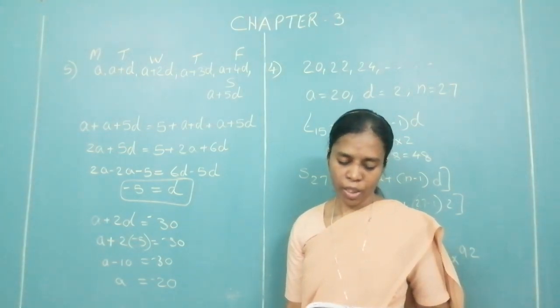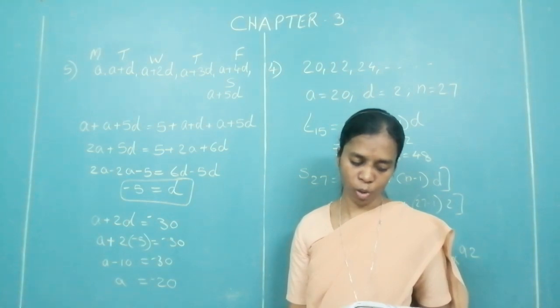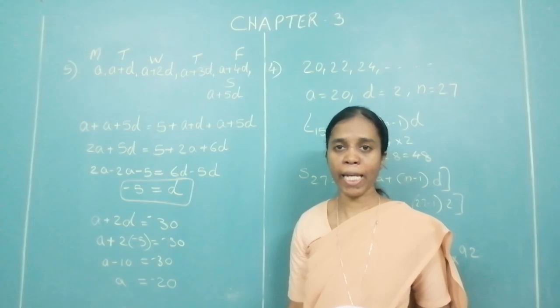All readings were in AP. The sum of temperatures of Monday and Saturday was 5 degrees Celsius more than the sum of temperatures of Tuesday and Saturday.